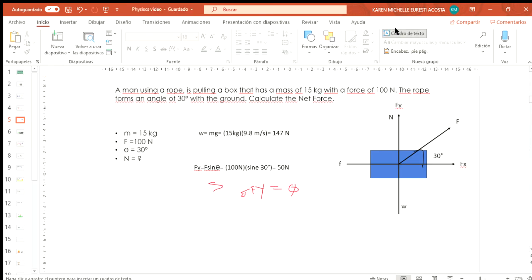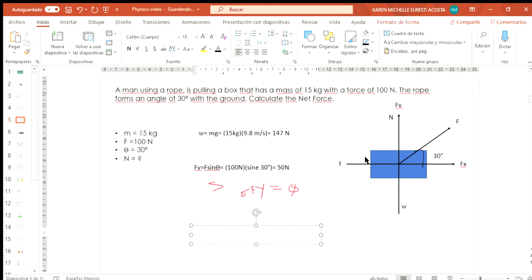So we put all the forces that act on the y-axis. So we have the net force, that is the one that we're looking for, and the weight. So we put N for the net force, and since the weight is pulling the object downwards, it's going to be subtracted, so it will be minus the weight and plus Fy.